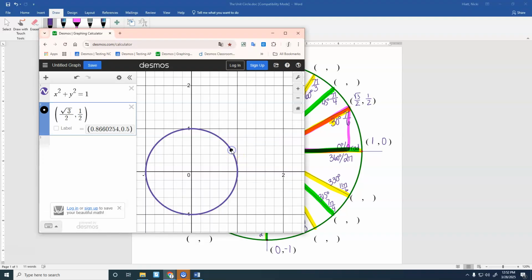So if you look at that coordinate, it is halfway between 0 and 1 on that y-axis. Your y-coordinate is 1/2. Over here, between 0 and 1, you're a lot closer to the 1. That'd be about 0.866, right? So think about actually graphing that point. That helps me remember which comes first, square root of 3 over 2 or 1/2, because that's another thing students get mixed up a lot.